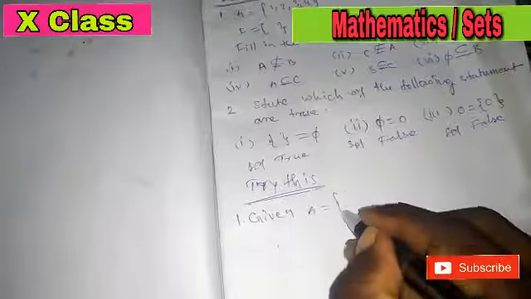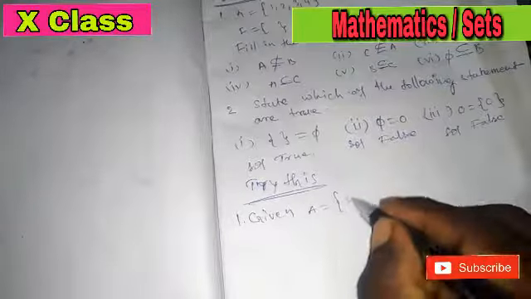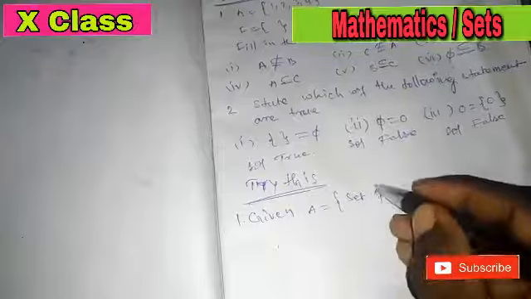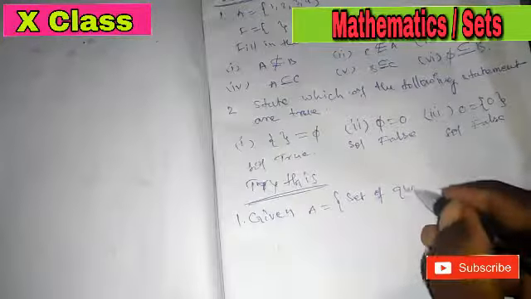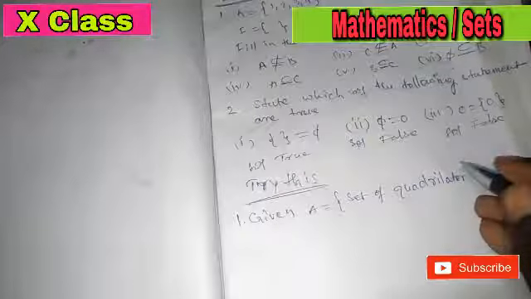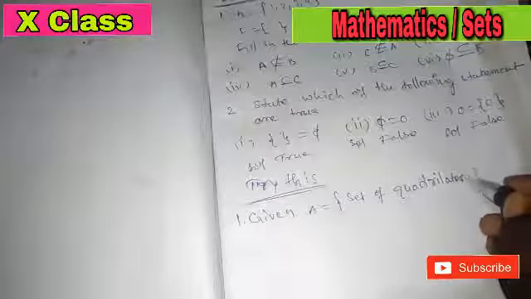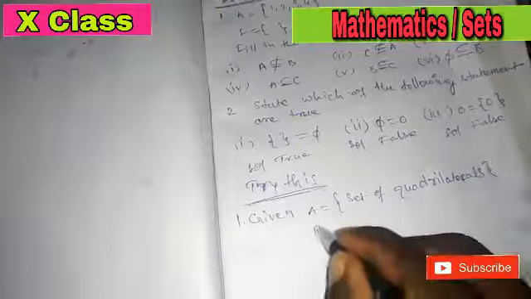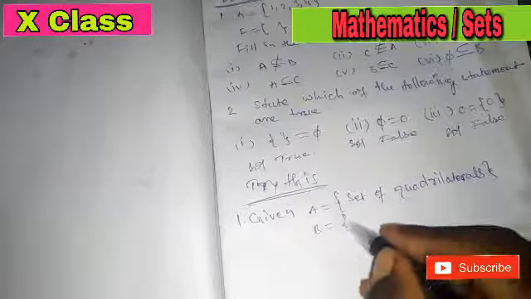So given, set A is equal to the set of quadrilaterals. B, what is B?